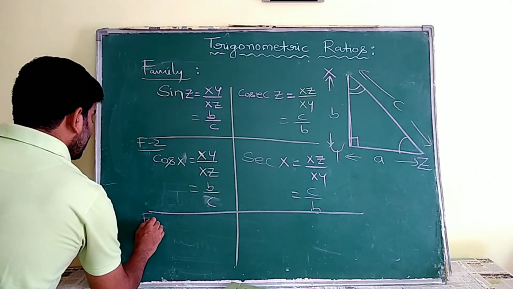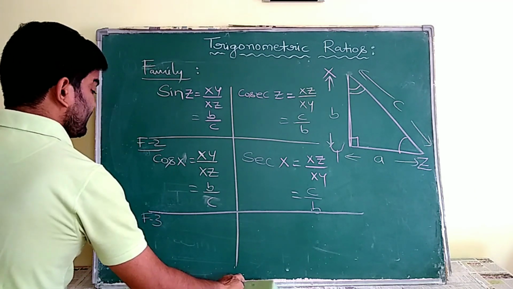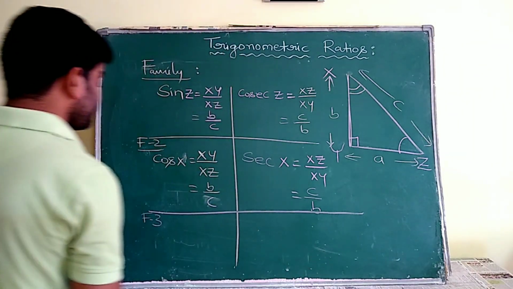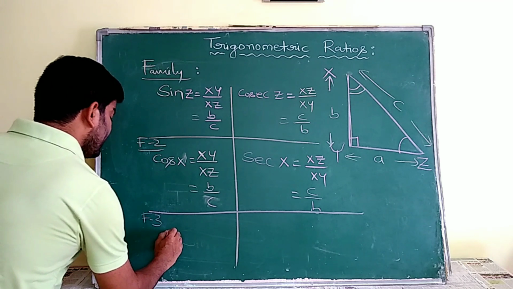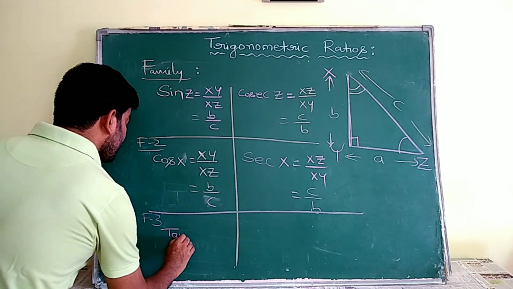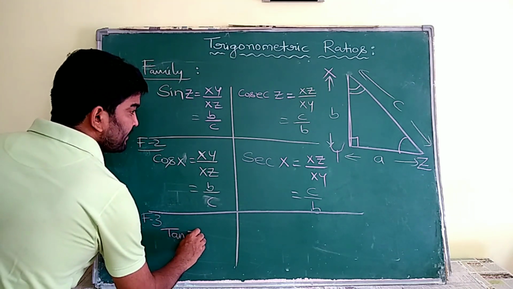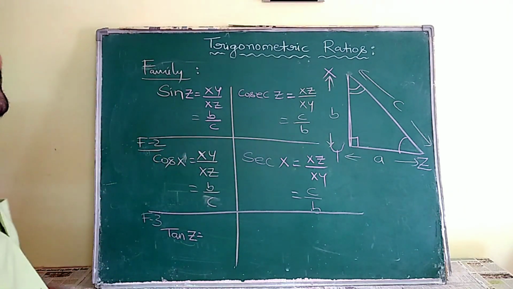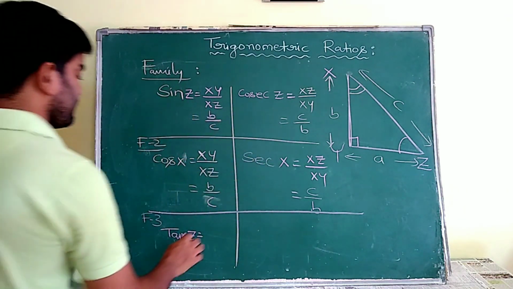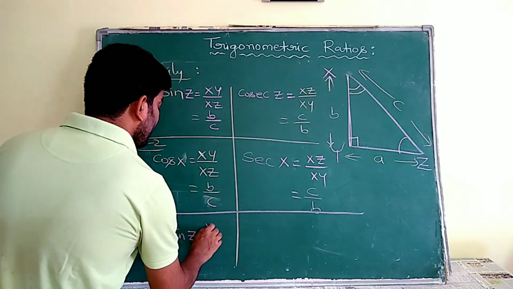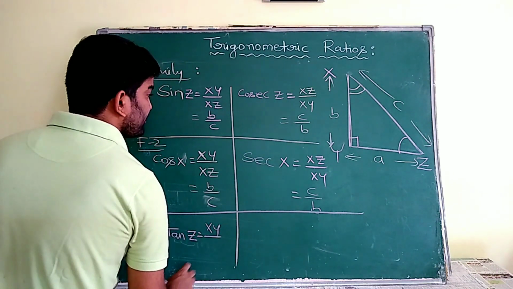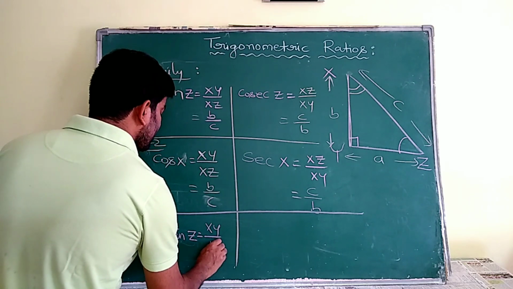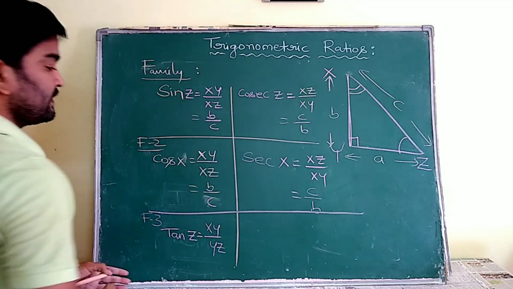Family 3. In this family 3, I am going to write the value tan. Tan z we are going to write. Tan z means, I have considered z, ma. Tan z means z's opposite side. What is z's opposite side? XY, and its adjacent side is YZ.